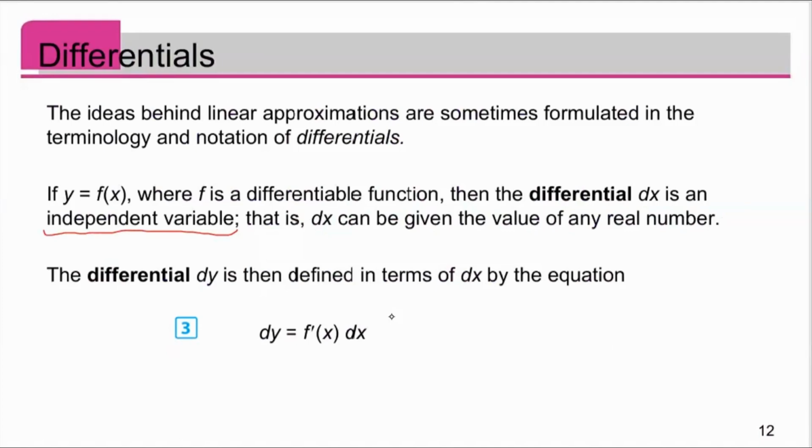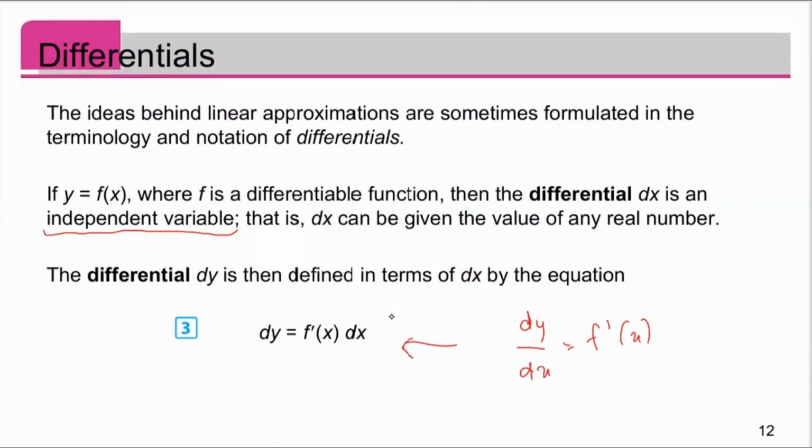Because now we are giving meaning to dx, meaning that initially you have dy/dx equal to f prime of x. But in the first place, when we did the differentiation, we didn't have a specific meaning for dx. But now we give a notation of differentials. Then dx here can be given the value of any real number. And if it is a real number, we can perform algebraic operations, meaning that we can multiply with dx on both sides and we have dy equal to f prime of x dx.